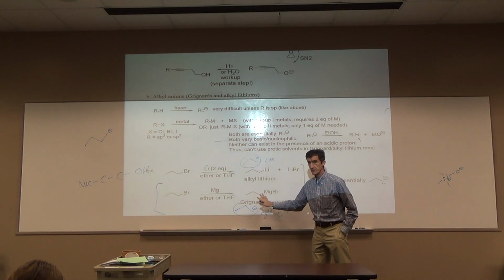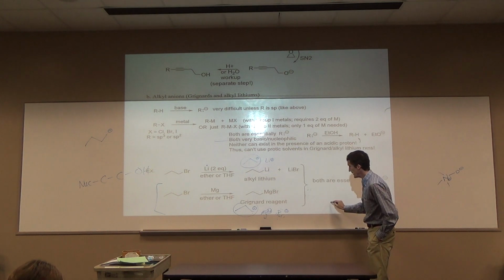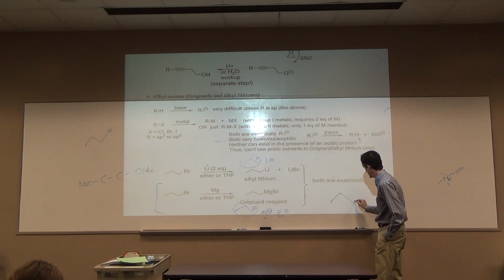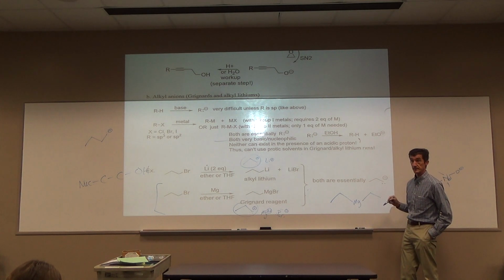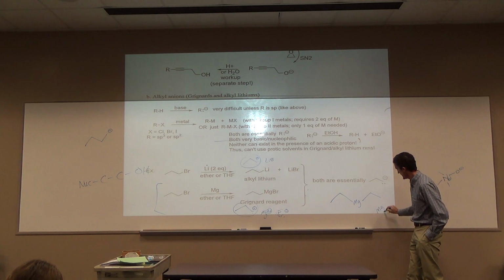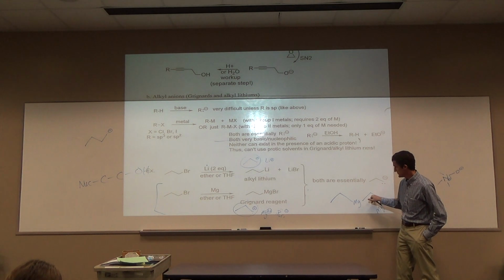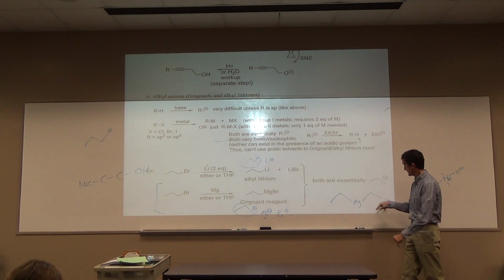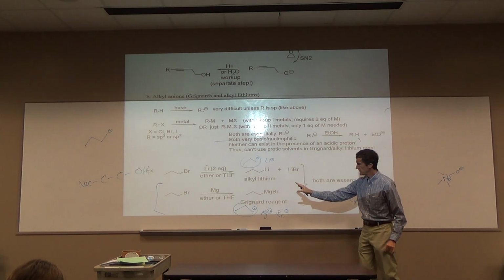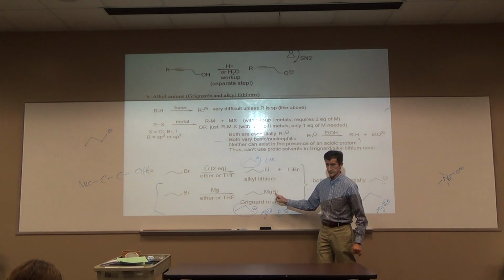Depending on your stoichiometry, you can get products that have 2 alkyl groups on the magnesium. This is magnesium 2 plus, and then a minus carbon, so it's 2 minuses. But usually you do stoichiometry to leave 1 halogen.